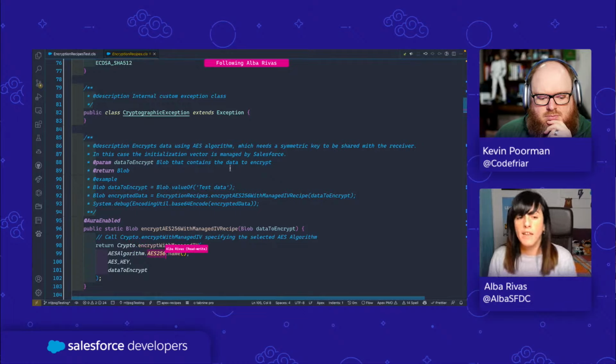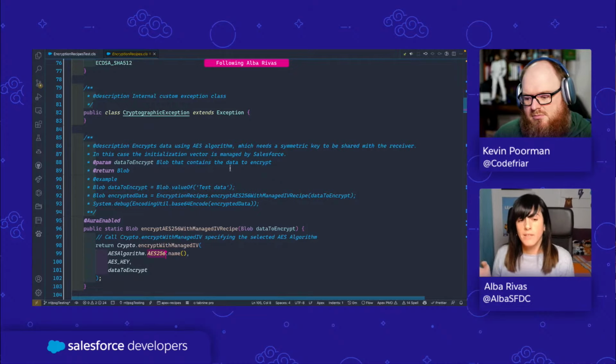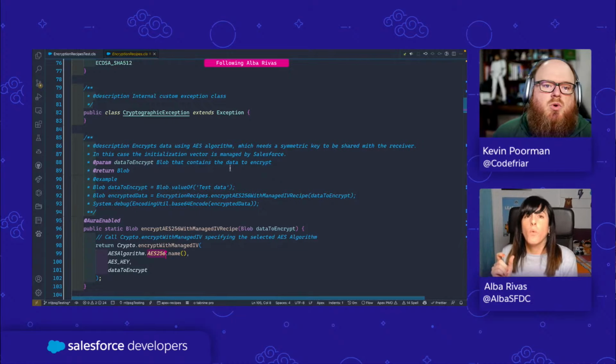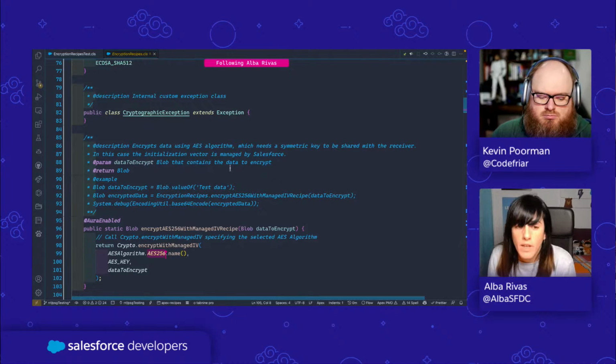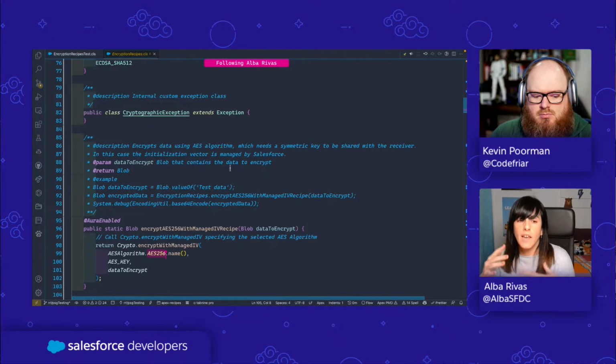In this case, we are picking the one that uses 256 bits. Normally, the bigger the number of bits, the more secure the algorithm is going to be. What happens is that it's also going to take more time to execute. So it's a balance and a compromise that you need to evaluate, right?